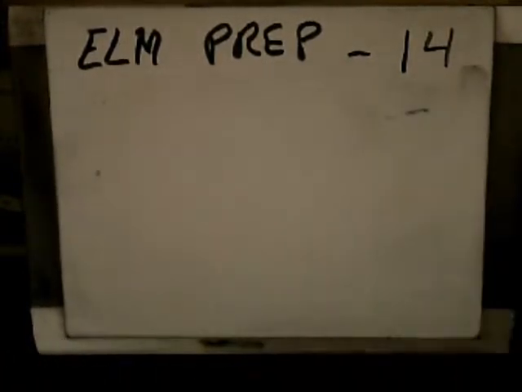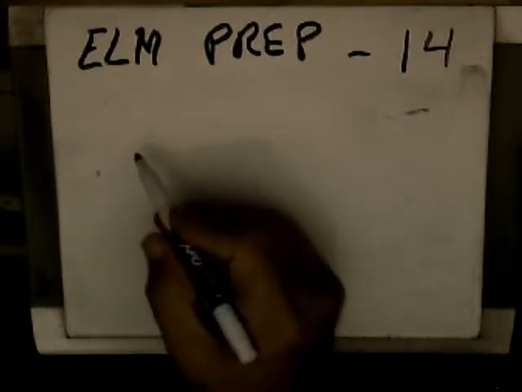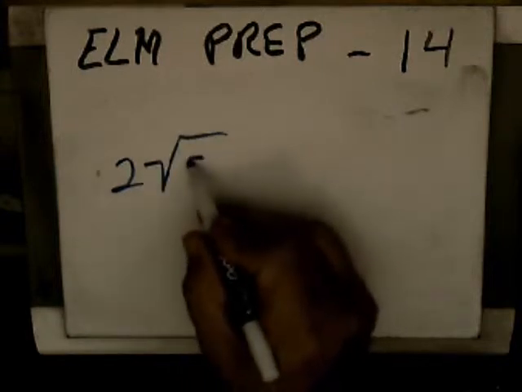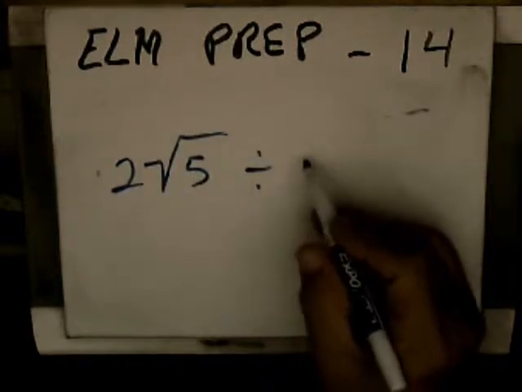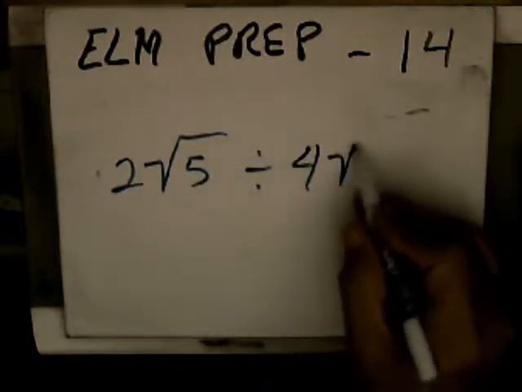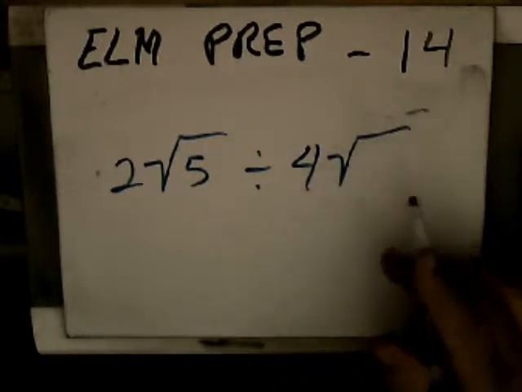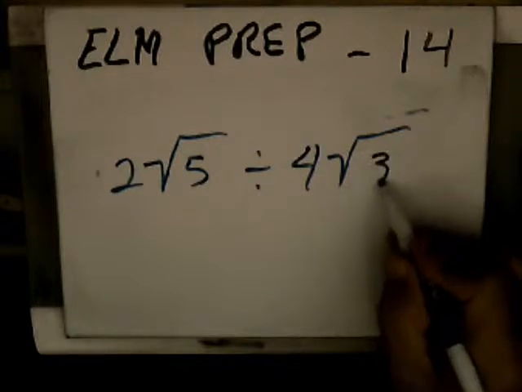All right. Well, how about division? Okay, well, you have 2 square root of 5 divided by 4 square root of 5. Now, let's make this a 3 just for fun.